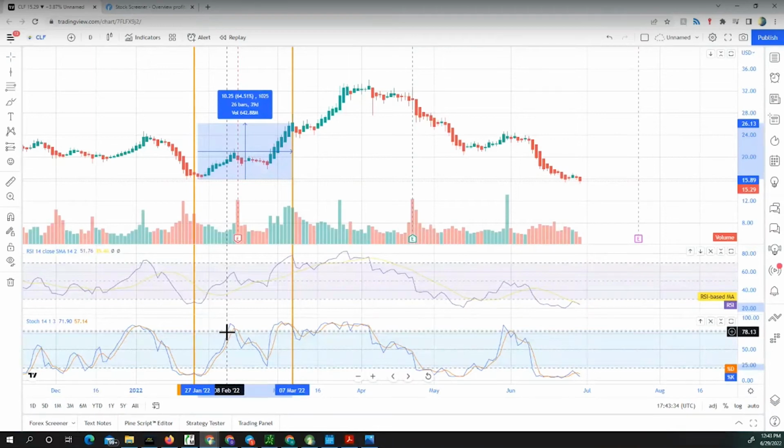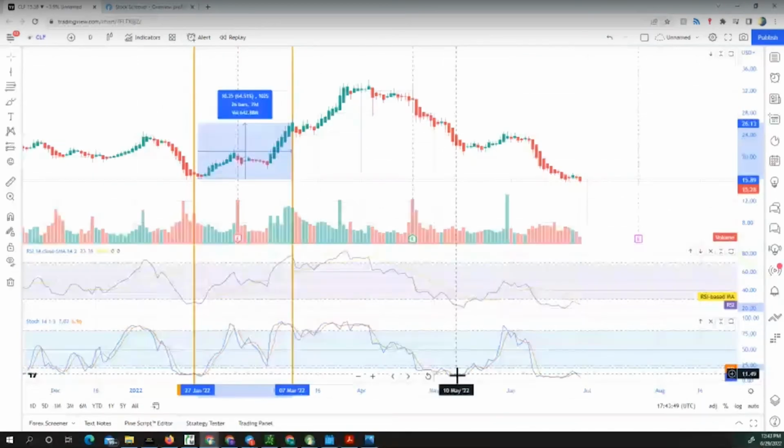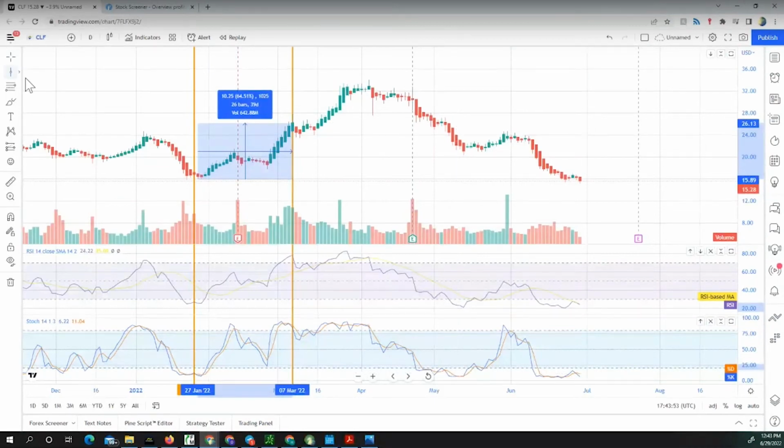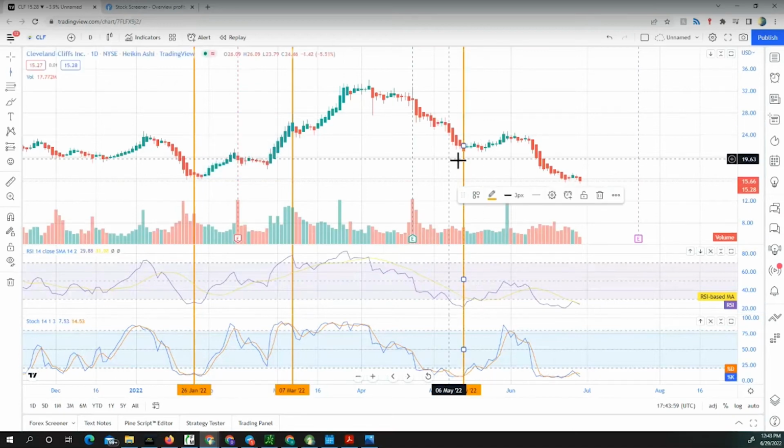For you to notice the change, you'll have to wait until you see the blue going above the yellow and you know it's time to buy. And then when the blue goes below the yellow, you know it's a time to sell. Just like here, for example, on this stochastic right here, blue went above yellow. You could have bought around here somewhere.